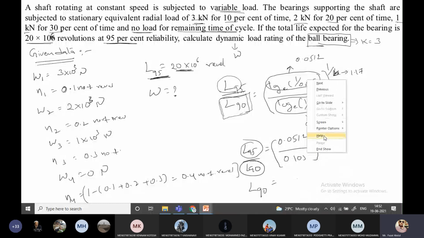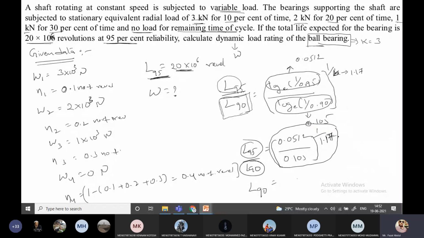First tell me this ratio value: 0.0512 by 0.105 power 1 by 1.17.